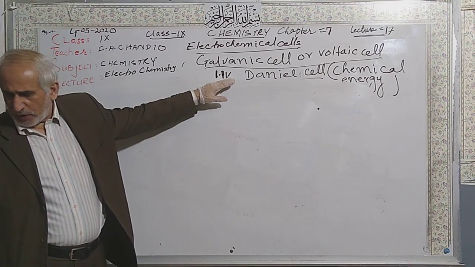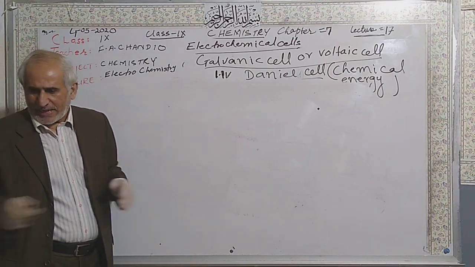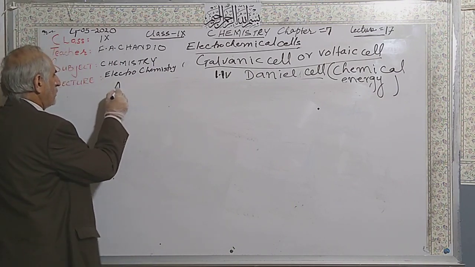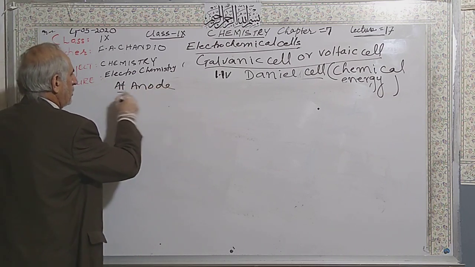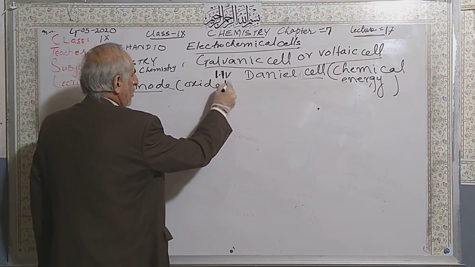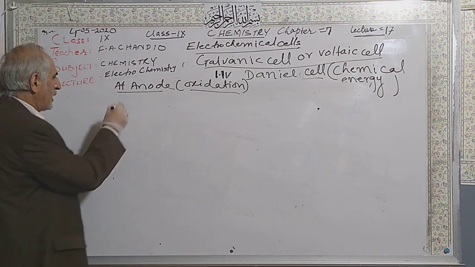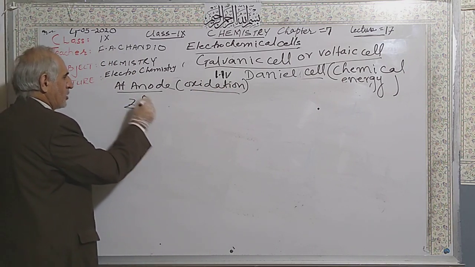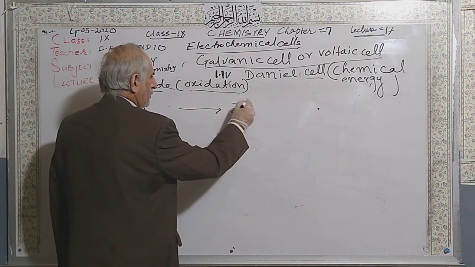Now, dear students, the total voltage of the cell is 1.1 volt. At the anode, oxidation. Oxidation takes place at the anode, and this is a loss of electrons, and I told you zinc metal is going to be oxidized. The chemical reactions are given in your book also.